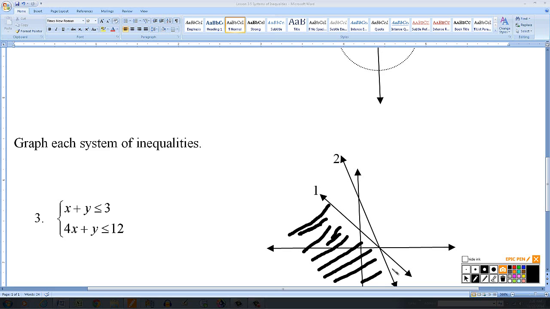So that's my solution set. So I'll label this area right in here as S. That's everything shaded. Okay, let's clear this. And let's clear the next one.